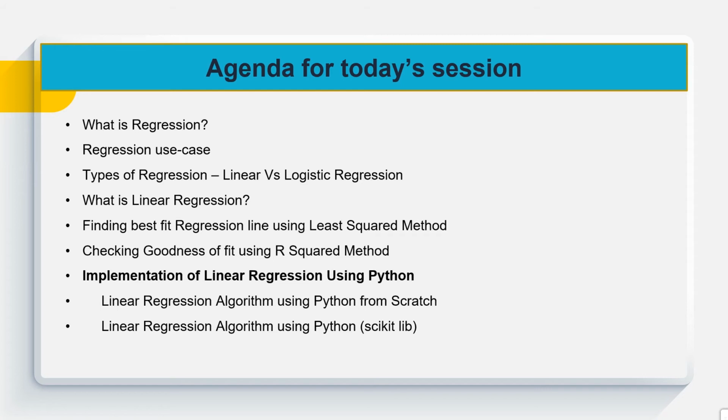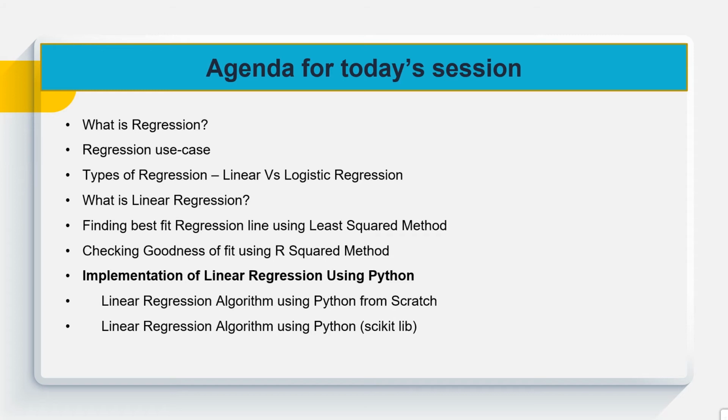Check its goodness of fit, or how close the data is to the fitted regression line, using the R-square method. And then finally, we'll optimize it using the gradient descent method. In the last part of the coding session, I'll teach you to implement linear regression using Python, and the coding session would be divided into two parts.